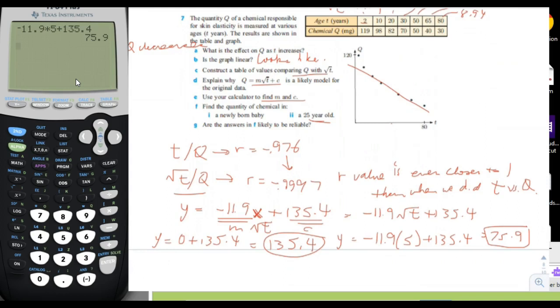Are the answers in F likely to be reliable? Let's see. One of the answers that we're estimating here is 0, 135. Actually, it's not this line. It's a different line, because this is with t.